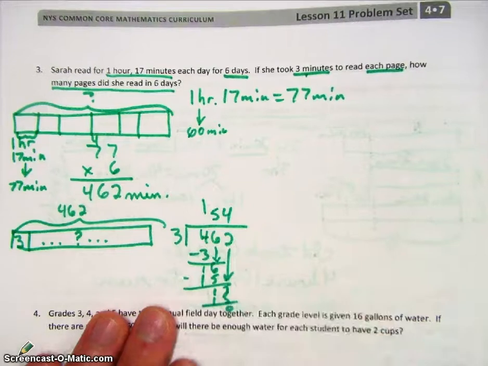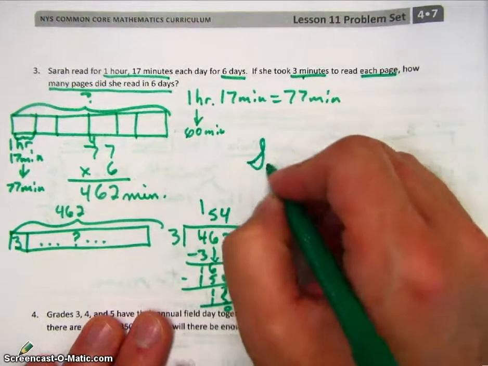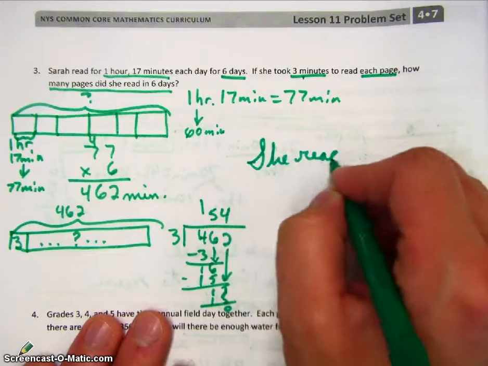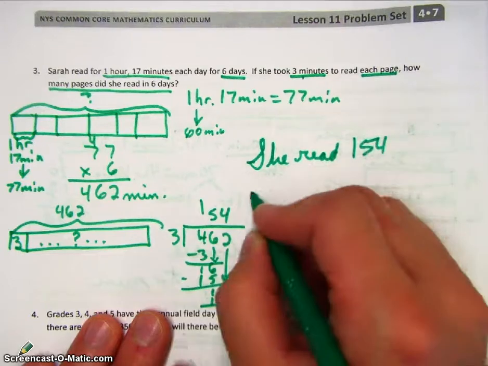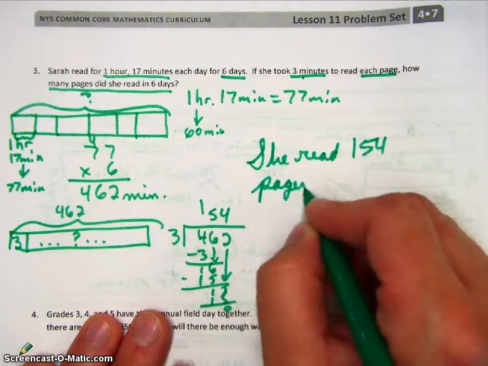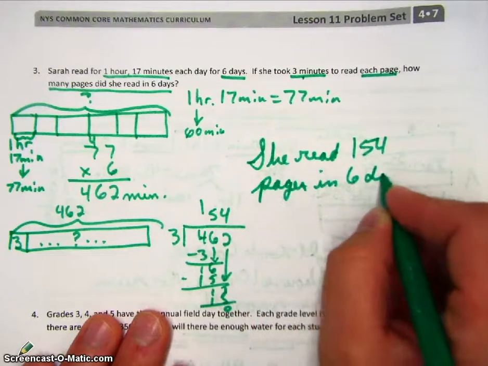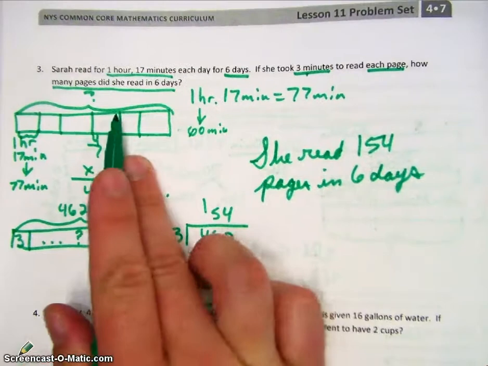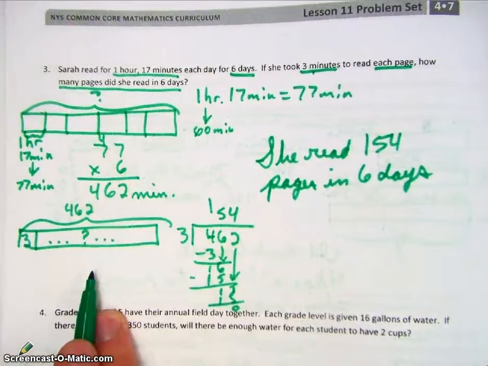Okay, so you can see that she's read, so she read 154 pages in 6 days. Okay, so you got to find out the total number of minutes and then divide by 3 to find out the number of pages.